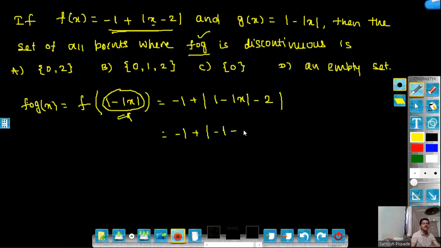If you call it y, then f of y will be minus 1 plus mod of y minus 2, and then I substituted back the value of y there. So this is equals to minus 1 plus mod of 1 minus 2, which is minus 1, minus mod x. This is equals to, further, now we know the values of mod x. Now I will not simplify further, I will go to the limits now.